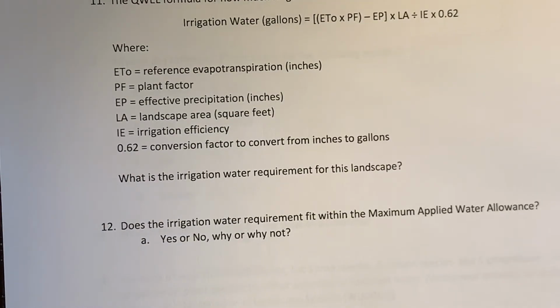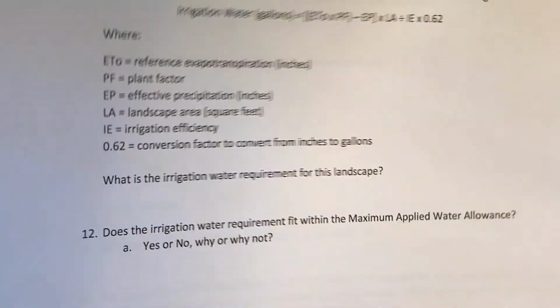What is the irrigation water requirement for this landscape? We'll go down to this open space to show our work. And for the sake of abbreviation, I'll just call this the estimated total water use, although officially that formula is slightly different.